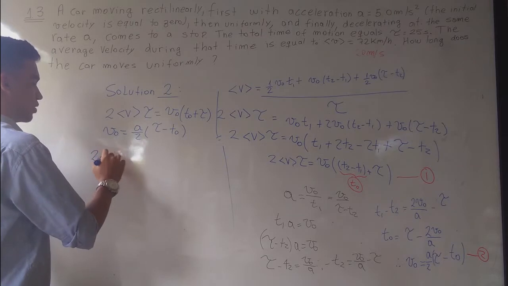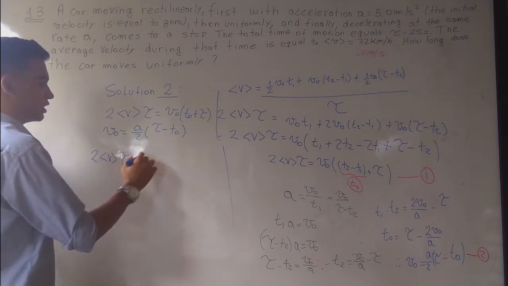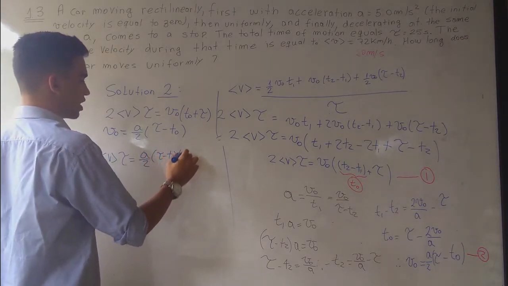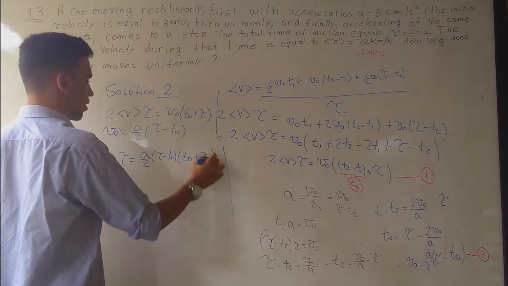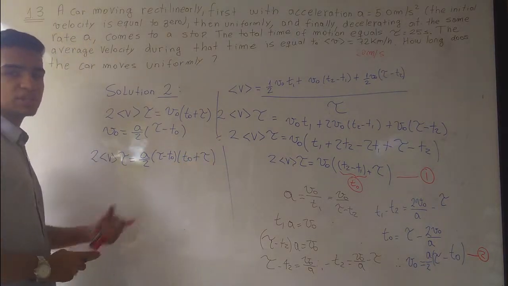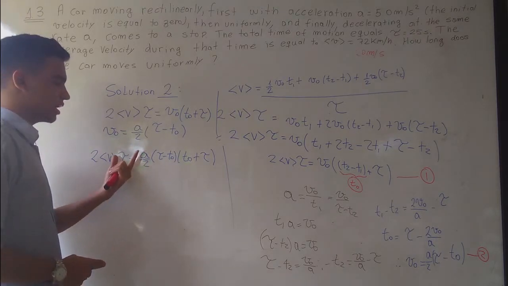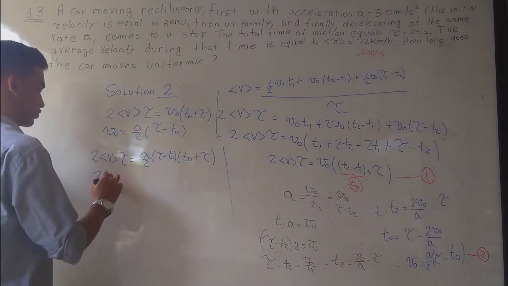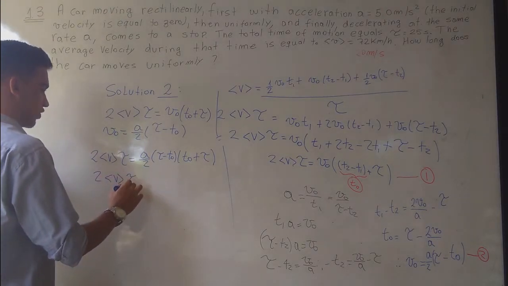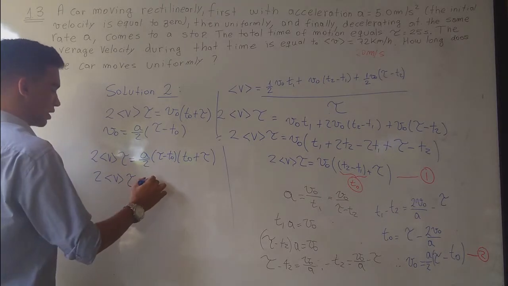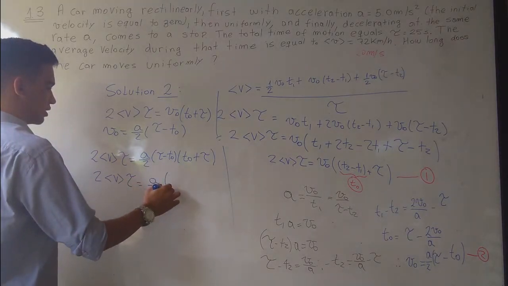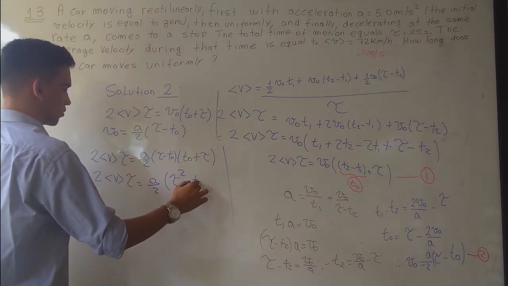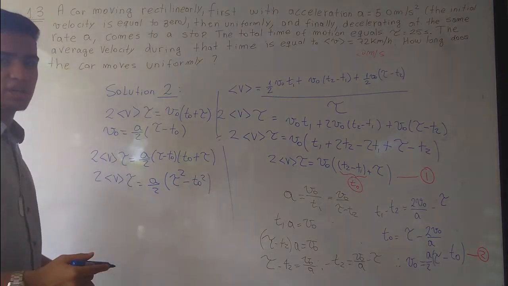So 2 average velocity tau is equal to A upon 2 times tau minus T0 times T0 plus tau. You can see what this is? This is A plus B times A minus B. So 2 average velocity tau is equal to A divided by 2, that multiplies tau squared minus T0 squared. That is just a factorization.